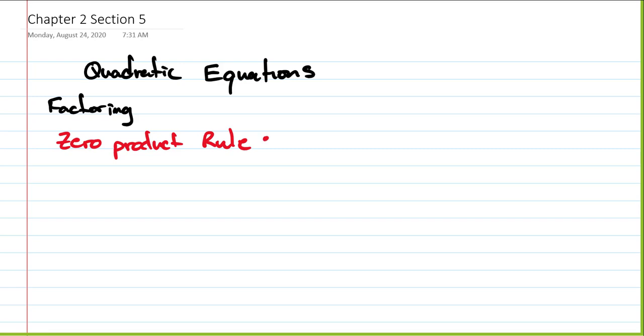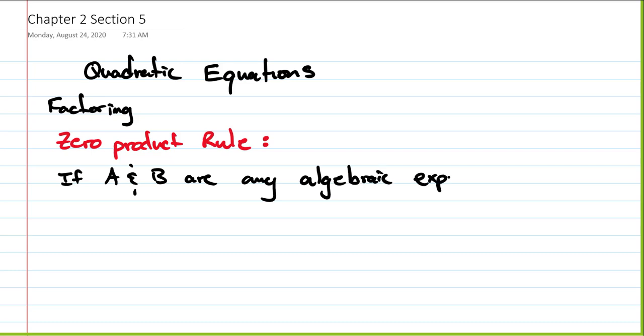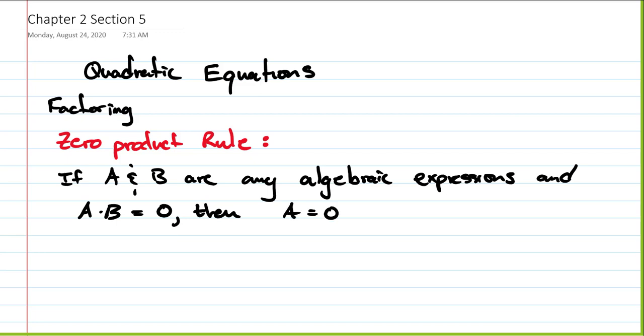The zero product rule says if A and B are any algebraic expressions, and A times B is equal to 0, then the following must be true: A equals 0 or B equals 0.